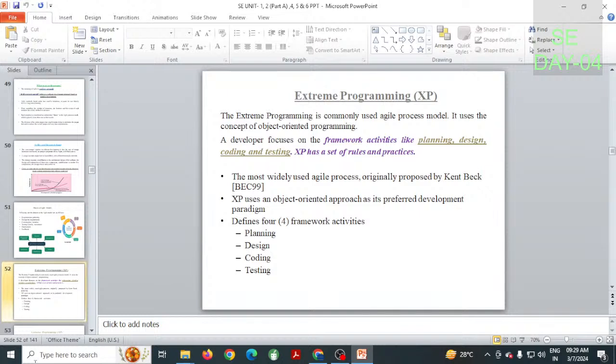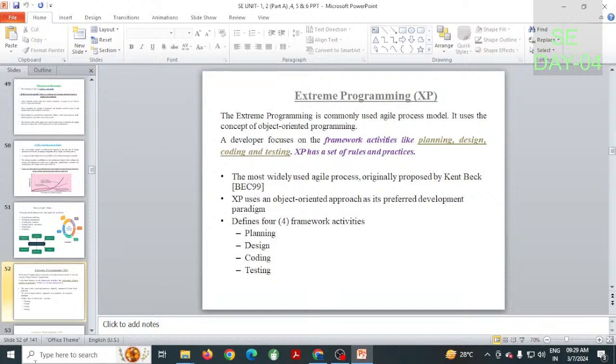Now, coming to another important concept in agile development, extreme programming. This type of programming is commonly used in the agile process model.